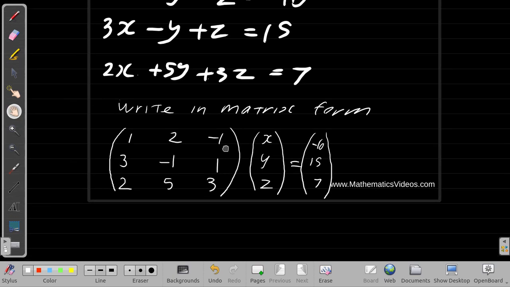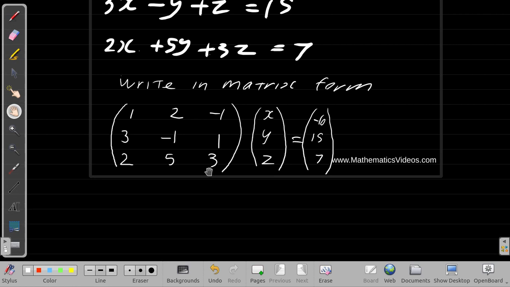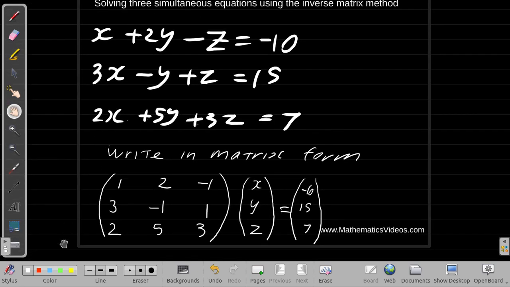So you see that? Now the thing is, if you check here, what you see is 1 times x plus 2y. My gosh, what am I doing?